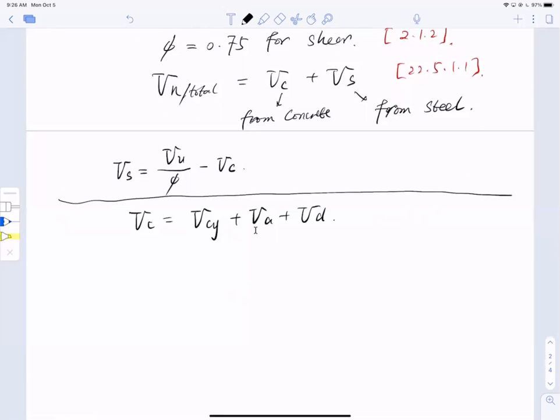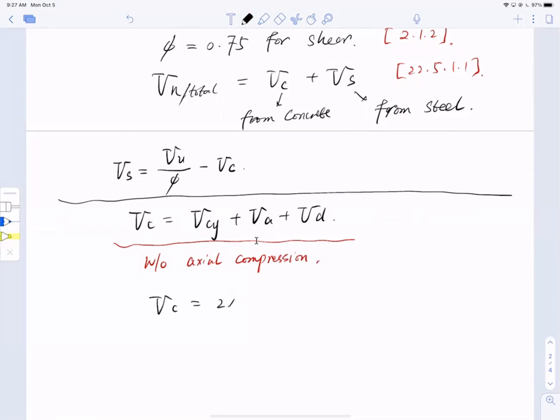But that's too complicated. So basically ACI says, look, without axial compression, we see Vc equal to 2 lambda square root f'c bw d.